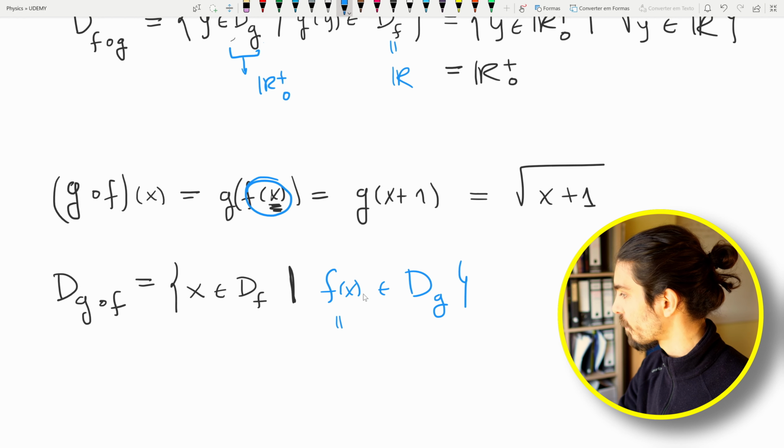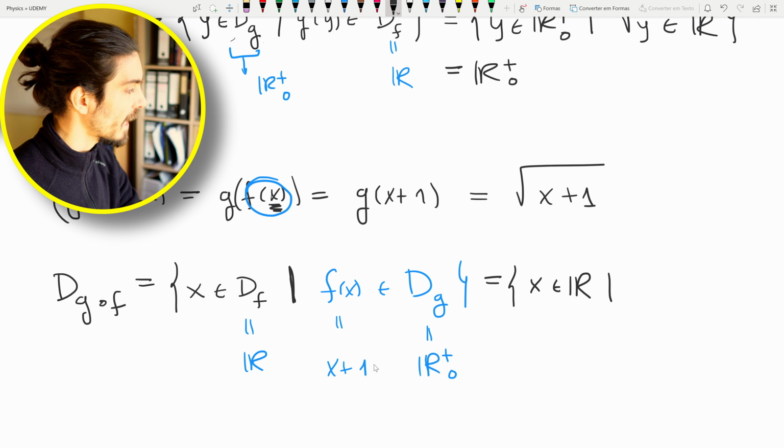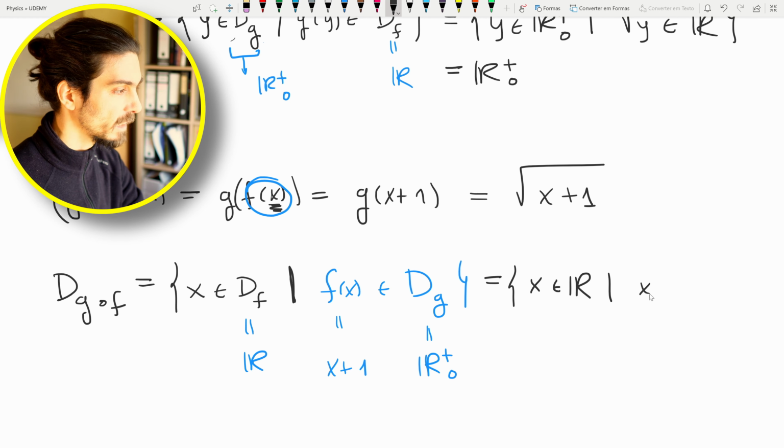We know that f of x is x plus 1, and we know that the domain of f is R, and the domain of g is all positives including 0. To compute this set, now let's rewrite it in a more manageable way. So, we say that it's all x belonging to R, as long as x plus 1 belongs to the domain of g, so x plus 1 must be greater or equal to 0.